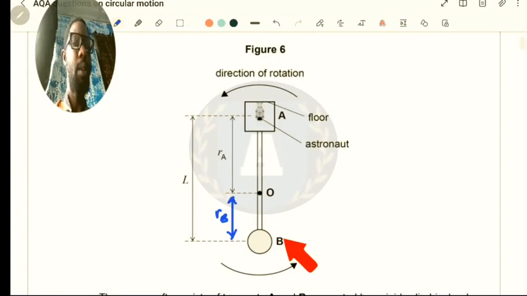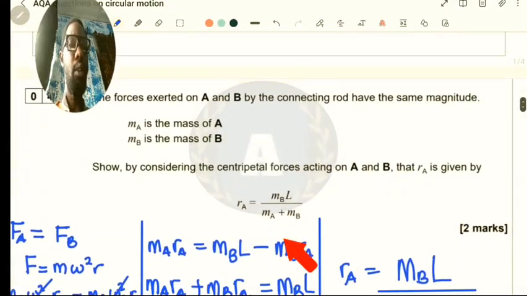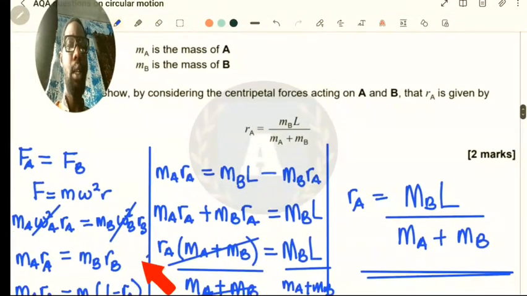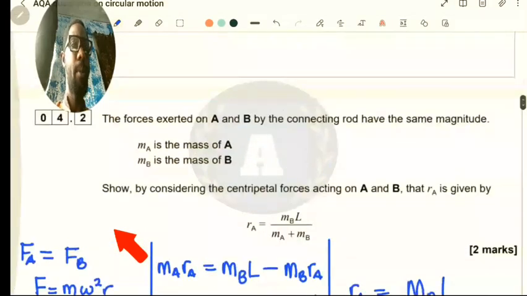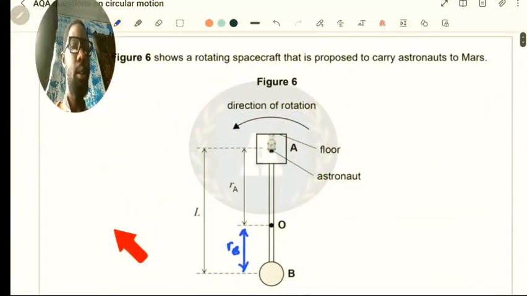We have actually seen that in this equation where we cancel out the angular speed. But the linear velocity of A will be greater than the linear velocity of B.